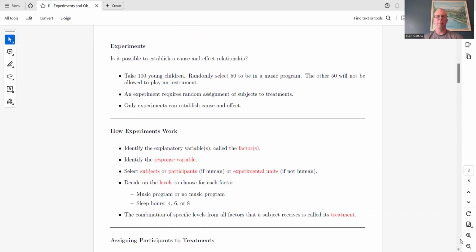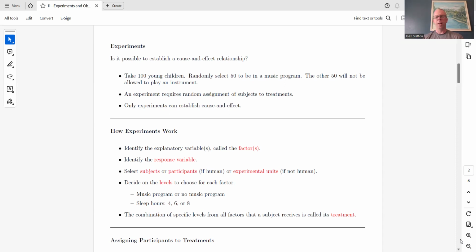What about experiments? Is it possible to establish a cause and effect relationship? If we want to turn this music GPA versus non-music GPA comparison into an experiment, how would we do that? We can get 100 kids at this school, whatever school it is. And instead of letting them choose whether they want to play an instrument or not, we randomly pick 50 of them to be in the music program.